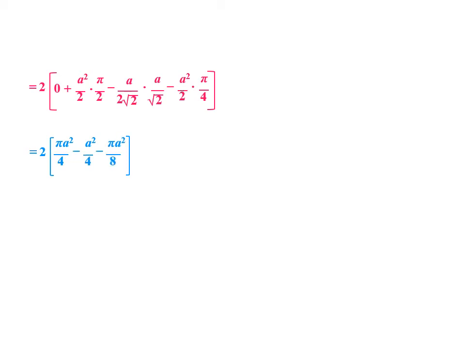So pi by 4 a square minus a square by 4, which is a square by 4 into pi minus 2.